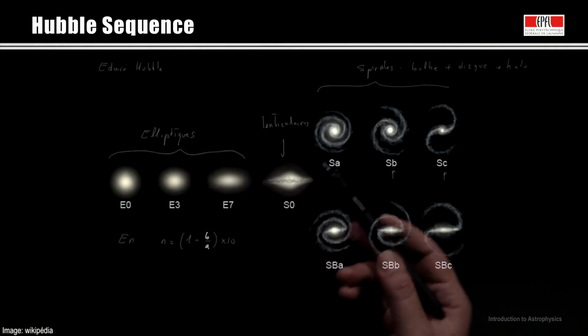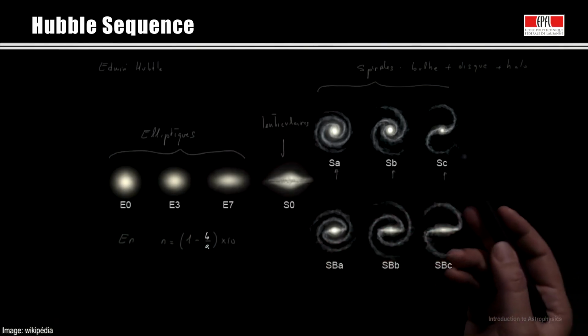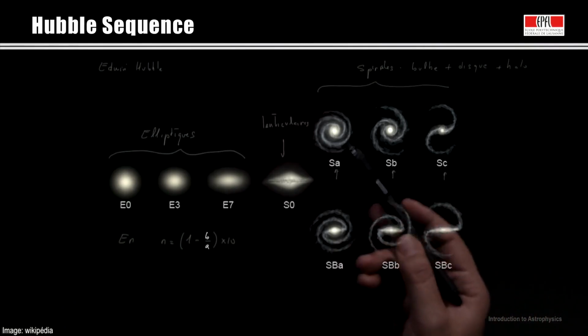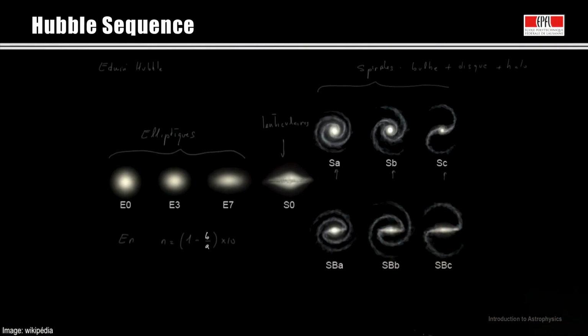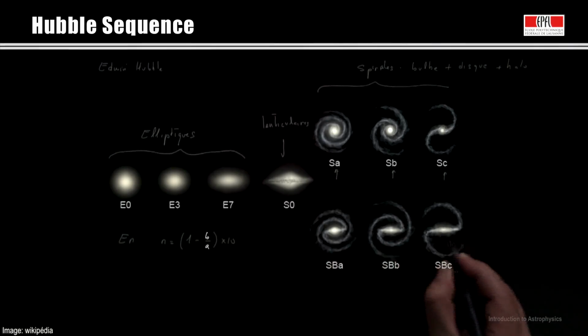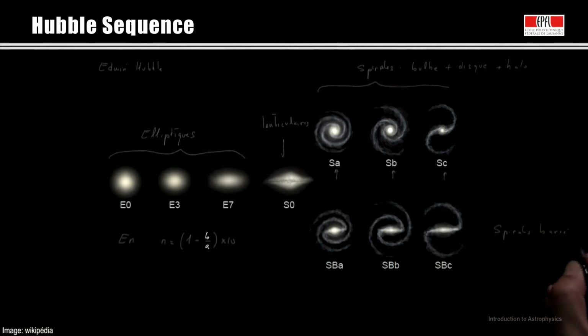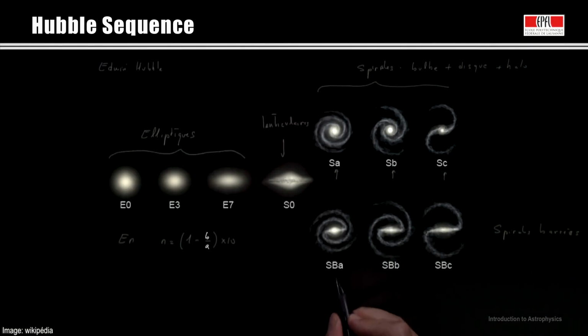Then they evolve progressively towards galaxies with spiral arms, either wrapped around each other or wrapped around a bar. Here we show barred spiral galaxies. They are formed using an S for spiral, B for barred, and then the index A, B, or C, which tells us how the spiral arms are wrapped around the bulge, and the bar in this case.